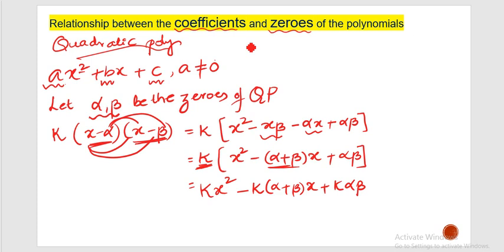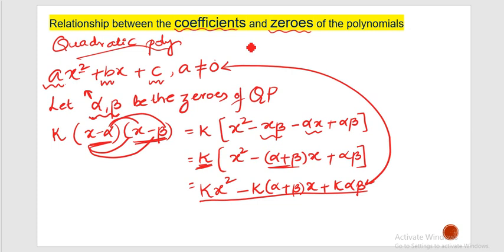But what we have discussed here is that for this particular polynomial, alpha and beta are the zeros. If you observe, it is in the form of ax square plus bx plus c. Now if you want to say that these two polynomials are equal, because by taking alpha and beta as zeros we got this particular polynomial, then we need to equate the two.